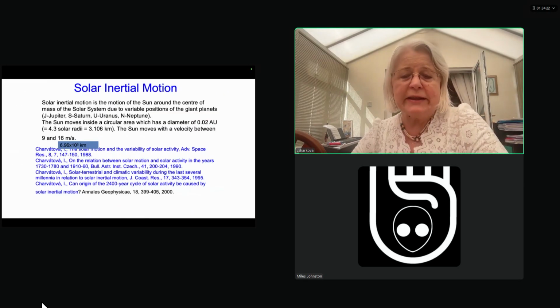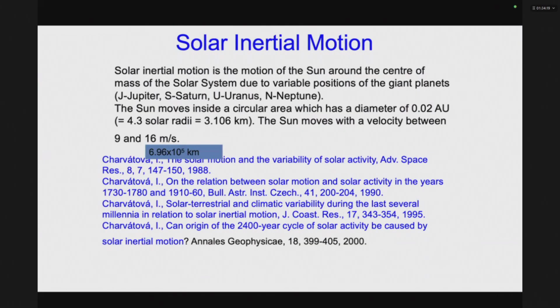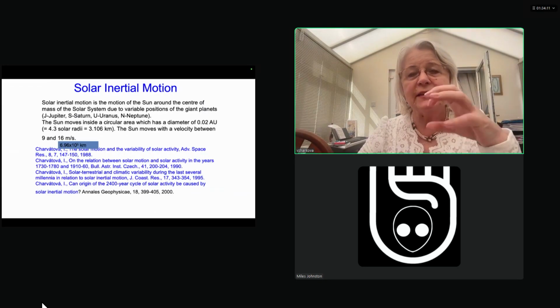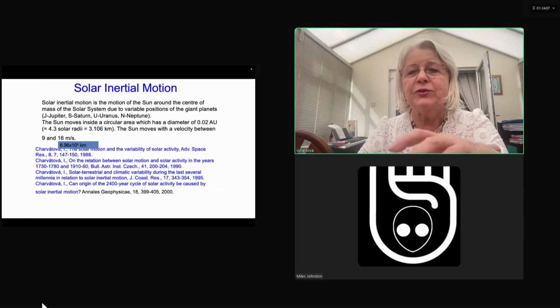And here is what suddenly came up in papers on solar inertial motion. What is inertial motion? The sun sits in the center of mass of the solar system due to the variable positions of the giant planets.